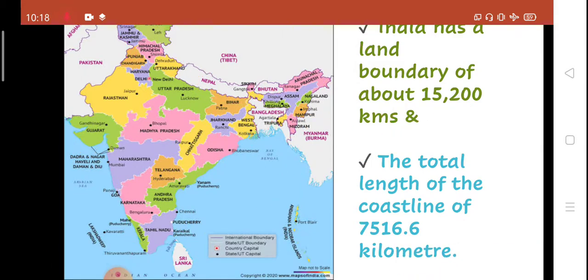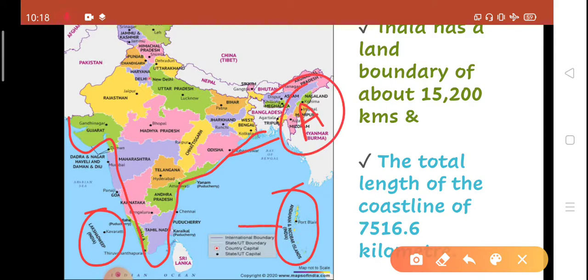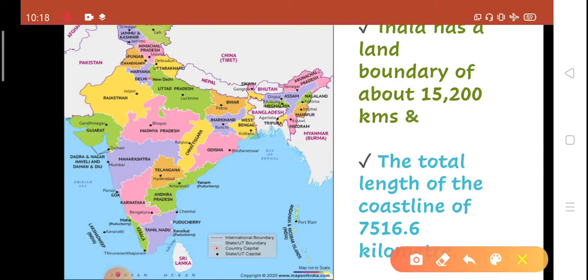An important point to note about the Indian coastline is that it not only constitutes this part, but also the boundary of the Andaman and Nicobar Islands and the Lakshadweep Islands on the west. So the Indian coastline not only constitutes the line marked as A, but also the boundary of area B and area C. I hope you are all clear with the land boundary and the Indian coastline.